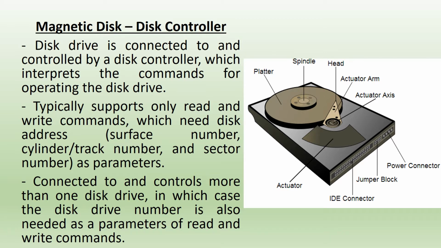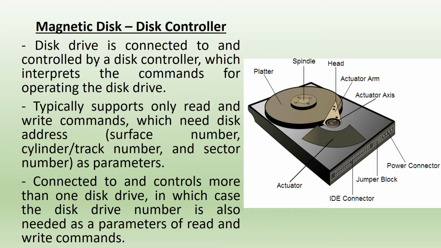Remember, the drive is where you connect to read, and the controller is the one that controls the commands. There are two big differences. One typically supports only read and write commands, which need disk addresses such as surface number, cylinder number, track number, and sector number as parameters. These are point number two.